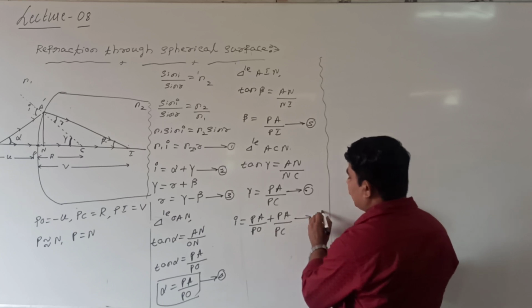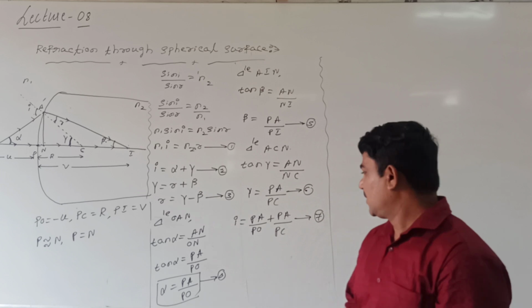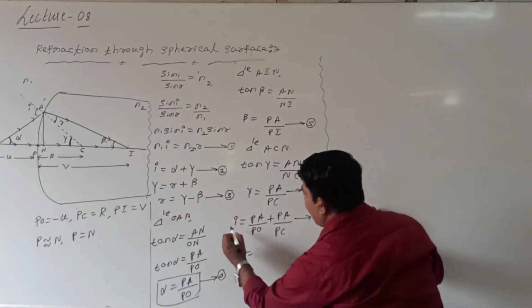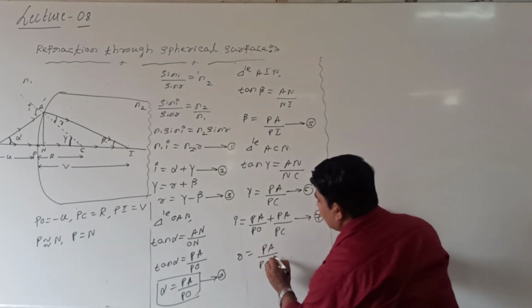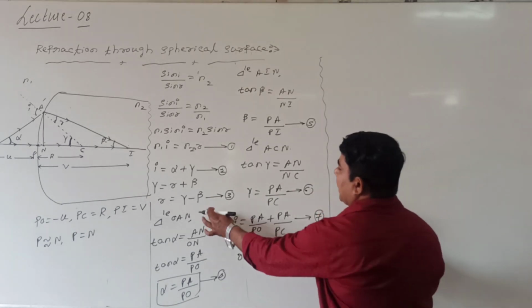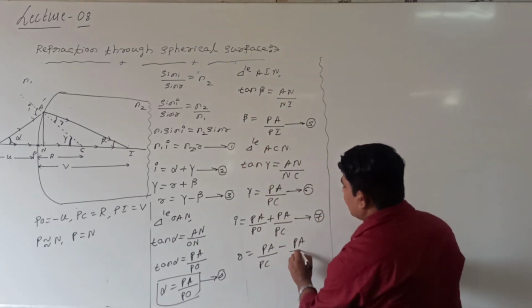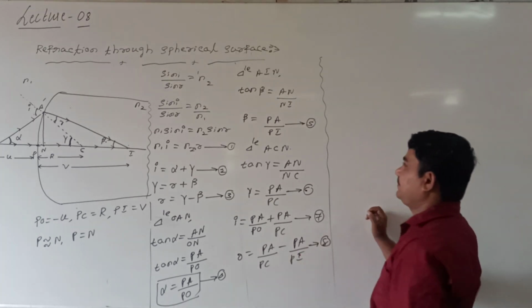Let us call this equation number 7. Then equation 3: R is equal to gamma minus beta. Gamma is PA divided by PC minus beta, and beta is PA divided by PI. Let us call this equation number 8.